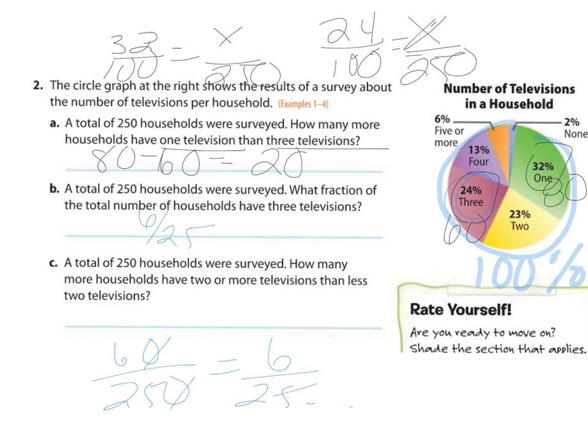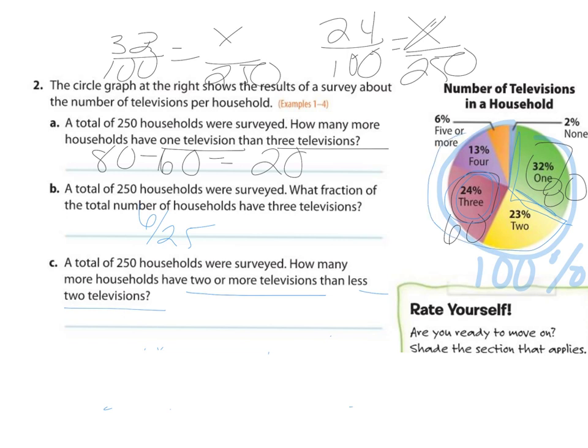The last question here says that we have 250 households once again. And how many more households have 2 or more televisions than less than 2? All right, so 2 or more. So we're looking at all these pieces because 32% have less than 2, which is just 1. So the total that have 2 or more is 68% out of 100 equals x over 250.